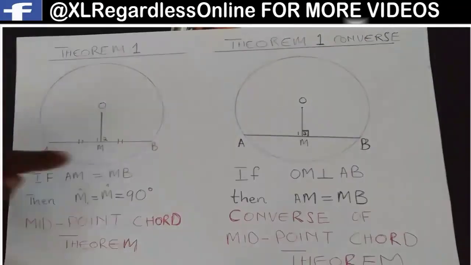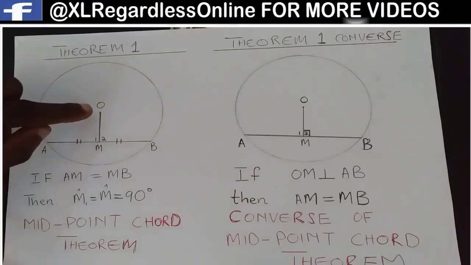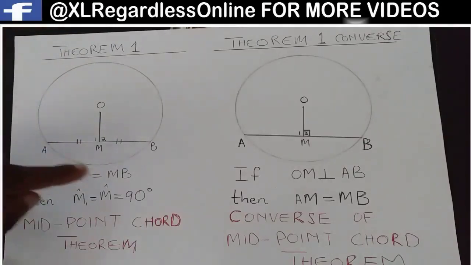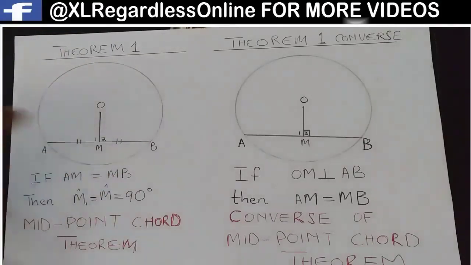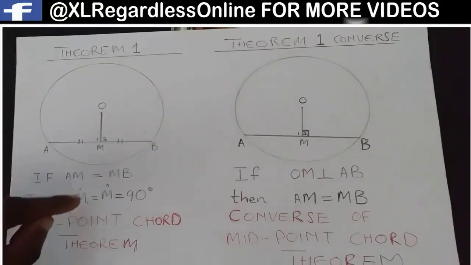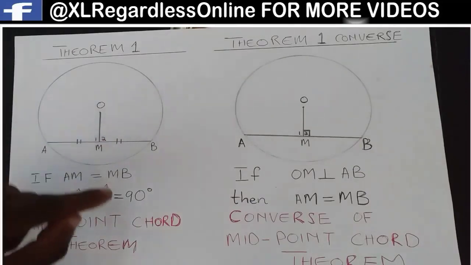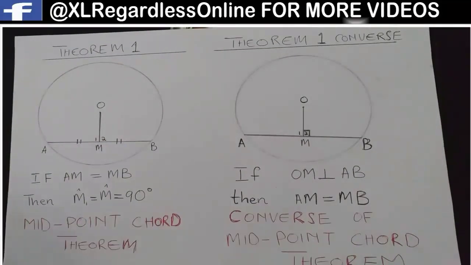So the theorem tells us that if we have a line drawn from the center which bisects the chord, meaning cutting the chord into two equal parts, so that AM is equal to MB, then we can conclude that the angle M1 and the angle M2 are equal to 90 degrees.